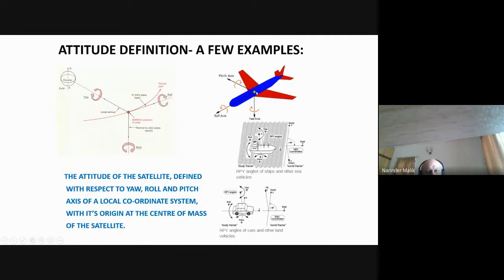Same way. The aircraft is flying, the axis pointed towards the earth below is called the yaw axis. The direction of motion axis is called the roll axis, and the third axis is the pitch axis. Similarly for a ship, similarly for a car on the road. We define our roll, yaw, pitch in this manner.